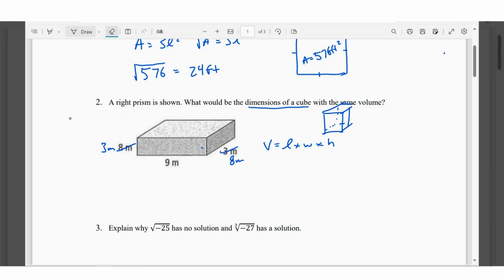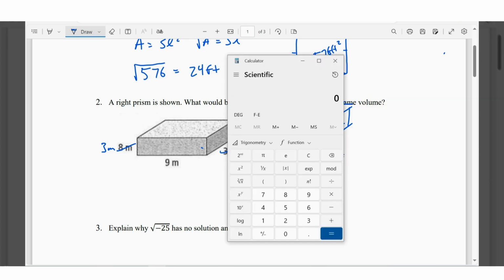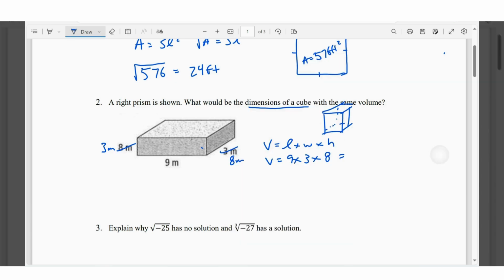So the volume equals 9 times 3 times 8. And see where that gets us. 9 times 3 times 8 is 216. It's meters cubed. Okay, great. So I've done the first step. I figured out the volume of this, 216 meters cubed.